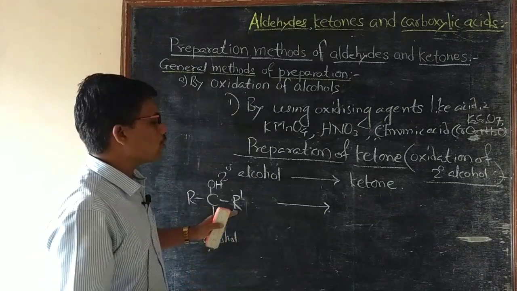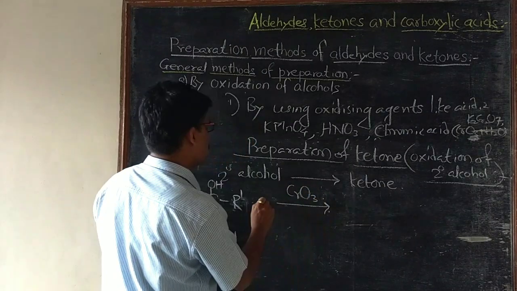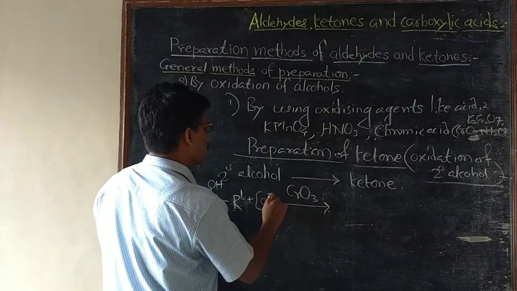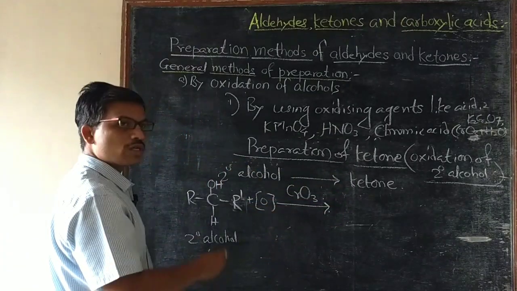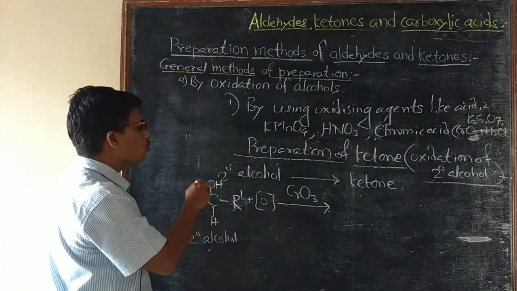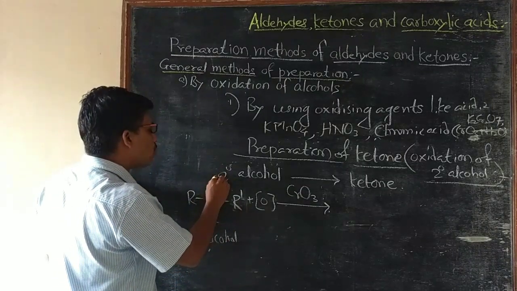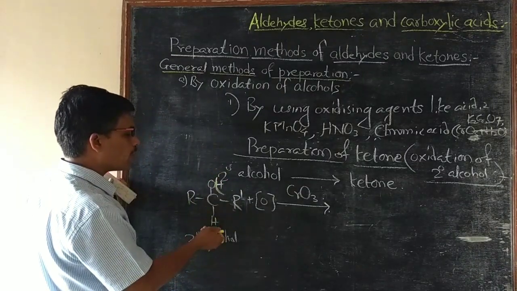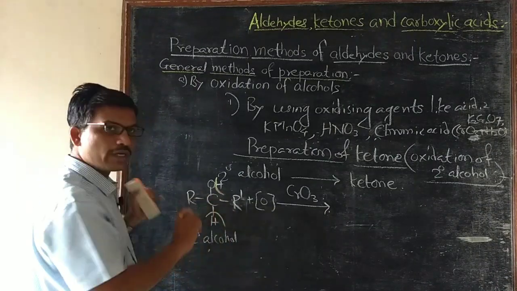This secondary alcohol on oxidation using chromic acid gives its corresponding ketone. In this case, removal of one hydrogen takes place from the hydroxyl group, and removal of another hydrogen takes place from the alpha carbon atom.